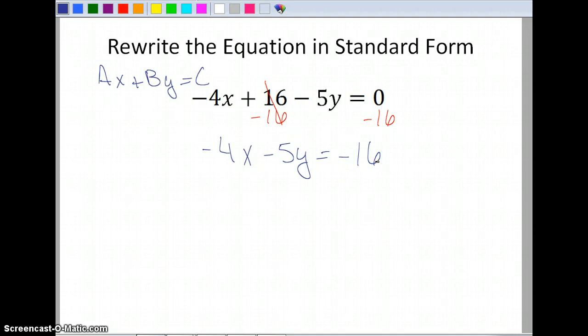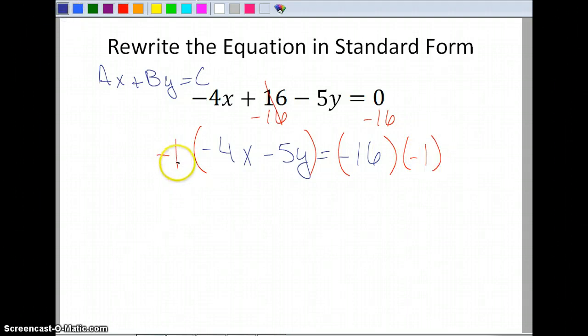Okay, now it's not a rule that I have a positive a value, but it's going to be a lot easier for me to work with. So now what I'm going to do, how am I going to get rid of this negative? That's right, I'm going to multiply each and every term by -1.